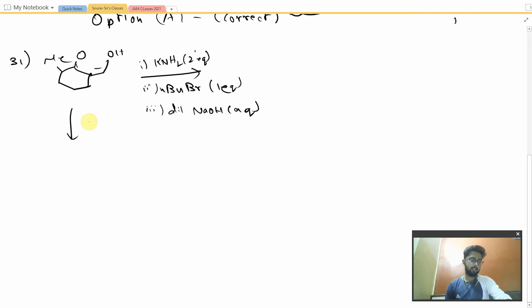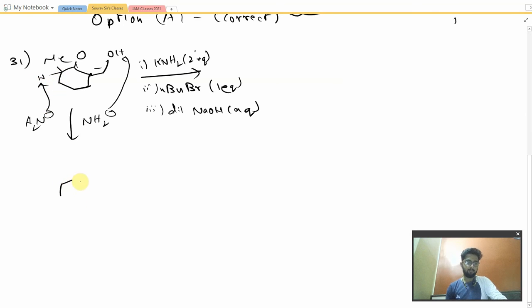So we are giving firstly KNH2, that is NH2 minus attacking the system. So two NH2 minus. Firstly, this H would be taken up from the system and a minus charge will be formed, and another NH2 minus would take up this H from the system, forming a minus charge over here.